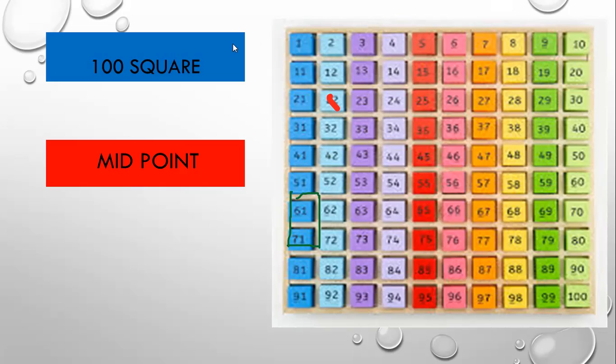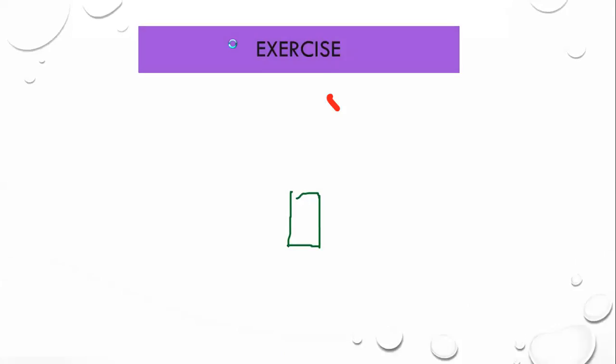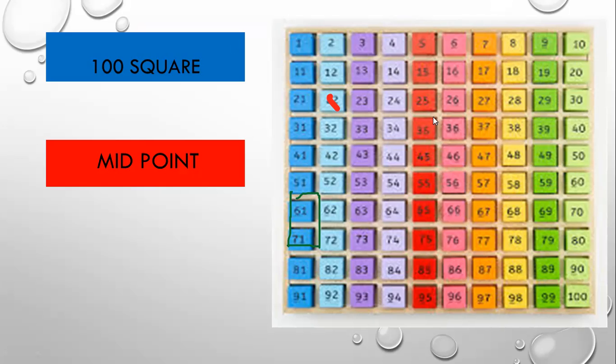So you have to memorize decade numbers. Decade numbers are the numbers which have 0 at the end: 10, 20, 30. These are decade numbers. And what are the midpoints?